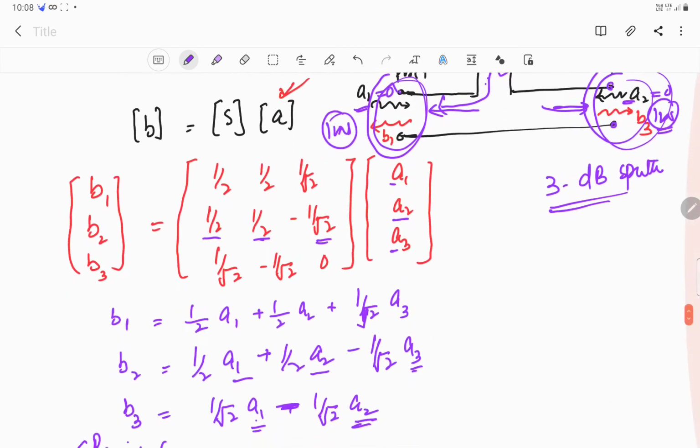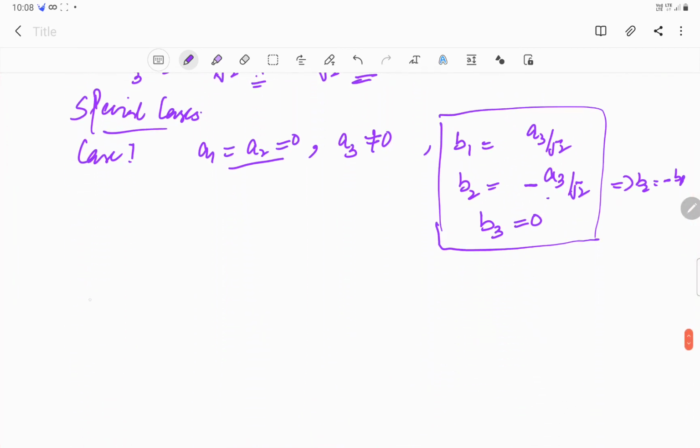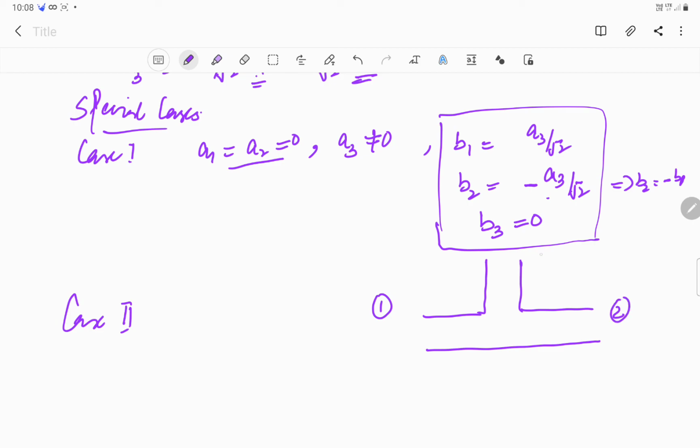Now let's consider special case second. Let me draw again the cross-sectional view of this plane T junction. This is our port 1, this is our port 2, and this is our port 3. Now in this case, again, these represent the incident waves A1 and A2, and the incident wave here will be represented by A3.